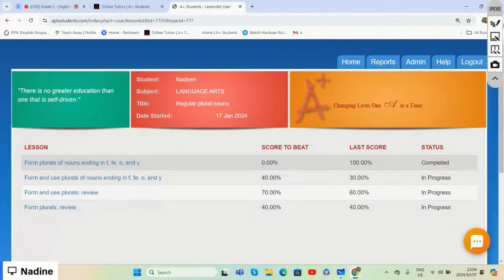And then we're going to scroll down until we get to our chapter of regular plural nouns.